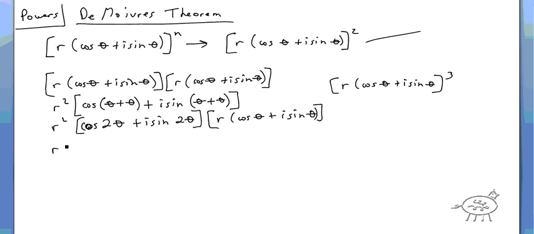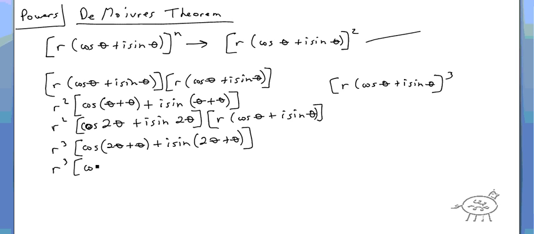So we're going to get r squared times r is r cubed. And with multiplication you add the angles, so cosine of 2 theta plus theta plus i sine of 2 theta plus theta. So that gives us r cubed times cosine of 3 theta plus i sine of 3 theta.